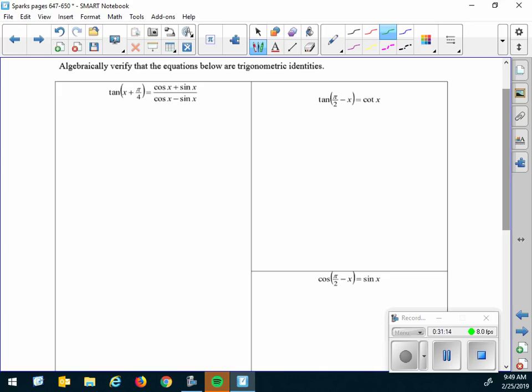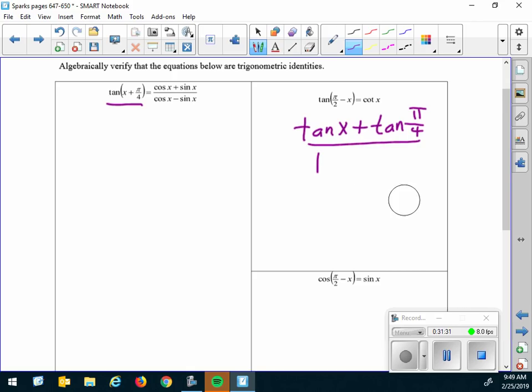We're going to start on the left because we're going to use those formulas. So we're going to work on this. Now remember, I'm going to go over here. This is tangent of x plus tangent of pi over 4 over 1 plus, no, that's a minus, isn't it? 1 minus tangent x tangent pi over 4. Have I got that right? Let me stop and think for just a minute.